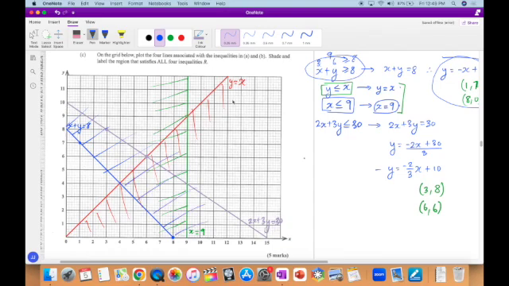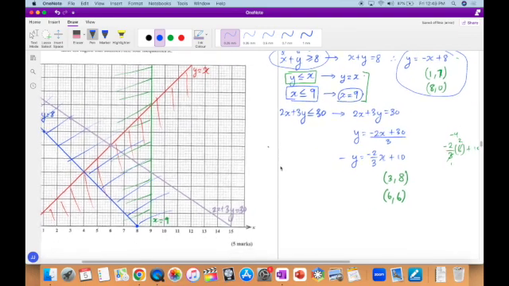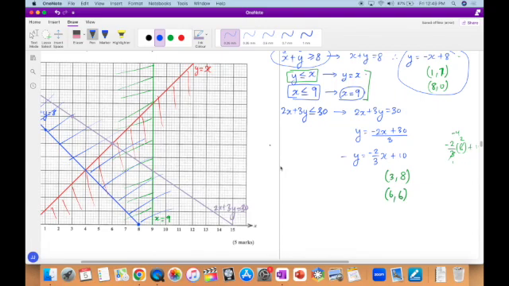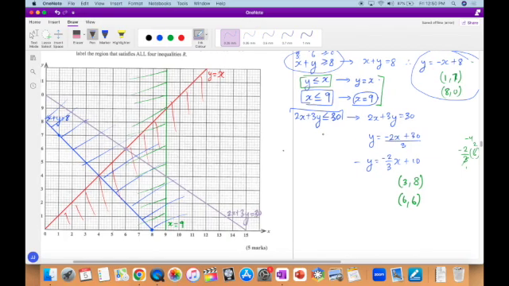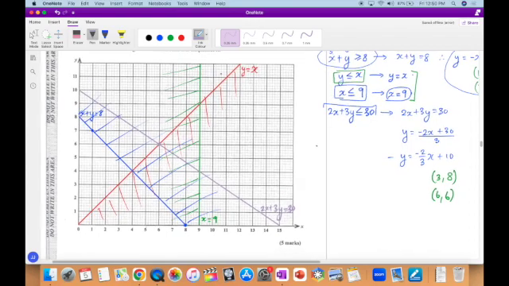Right? And for the purple line, 2x plus 3y is less than or equal to 30. So let's choose a point. If the purple line is here, let's choose this point on this side of the purple line. That is 4 on the x, 8 on the y.